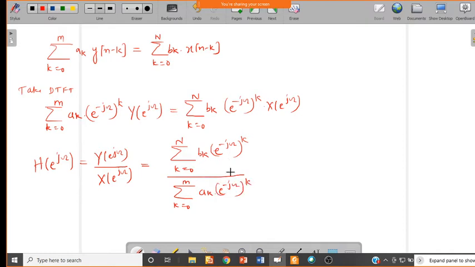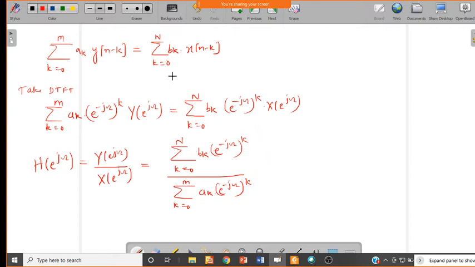This is the general form of the frequency response with respect to the difference equation. Whatever value of k we get in the difference equation or differential equation, according to that we will get the frequency response.